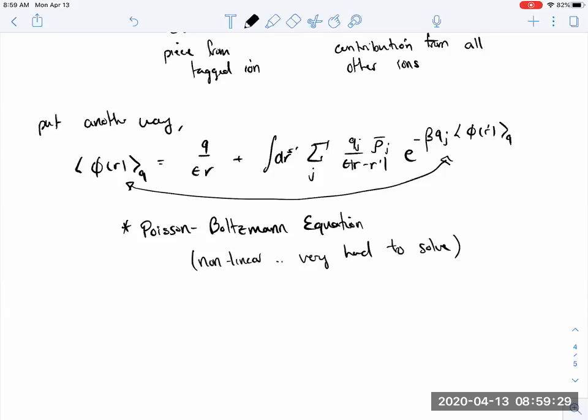In fact, people still, to this day, try to write computer programs to efficiently solve this equation. It's not an easy thing to do.